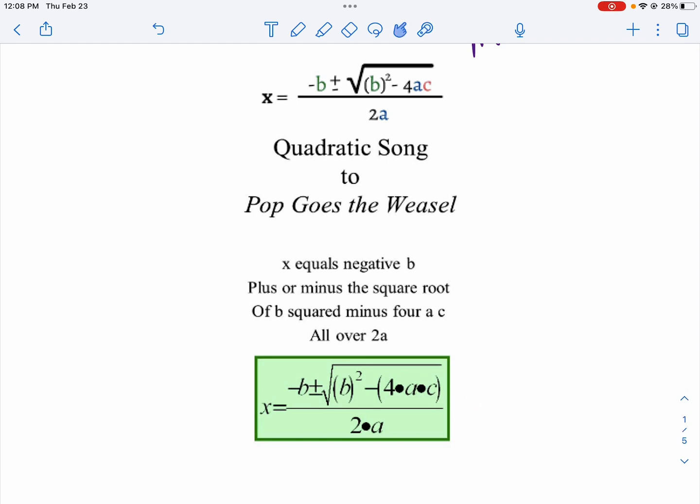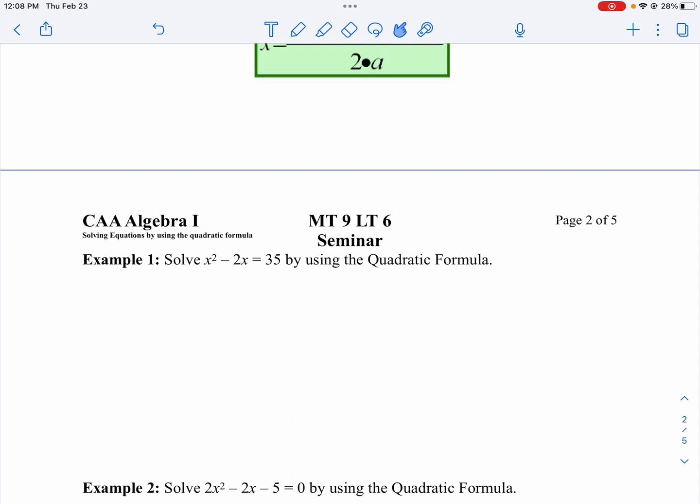So let's do a problem together. Let's take a look at example 1. Now notice on this problem it does not equal 0. So the first thing we have to do is write this in standard form. So I'm going to subtract 35 from both sides. Notice there are no like terms on the left side. So it's x squared minus 2x minus 35 equals 0. I'm going to write it over here because I'm going to need some room. I suggest you do the same thing.